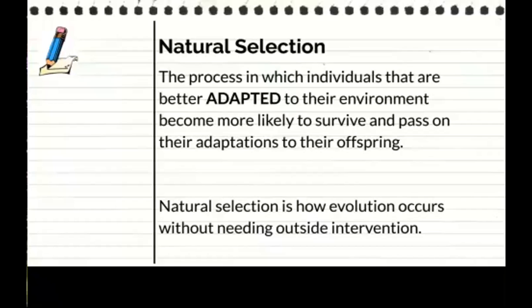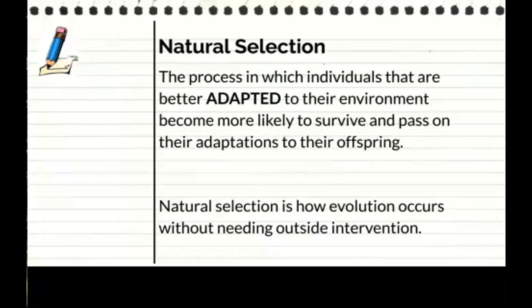I think it was Matthew that mentioned, well, the green bugs are going to survive more, and then they're going to have green baby bugs. And since they're green, they're going to survive better, right? So if you pass on that favorable trait, you're more likely to survive that same environment.